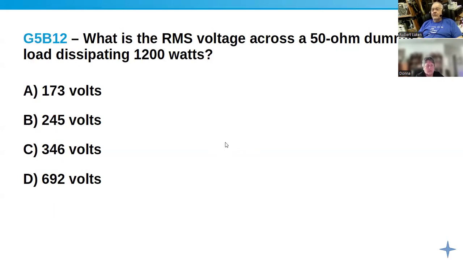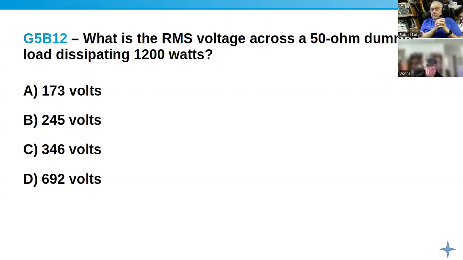What is the RMS voltage across a 50 ohm dummy load dissipating 1200 watts? So we have resistance and power, and they want voltage.